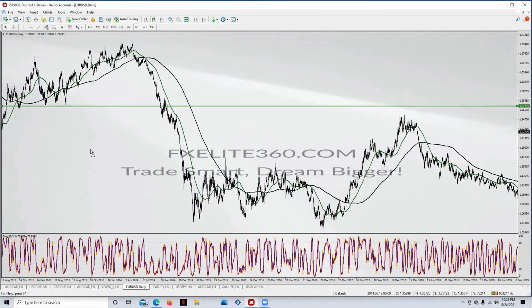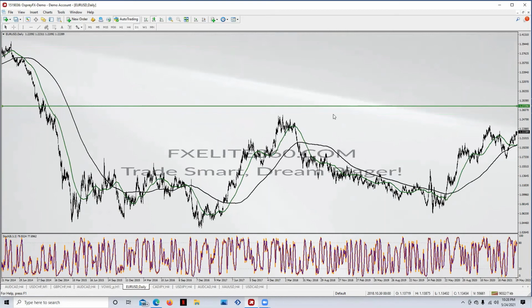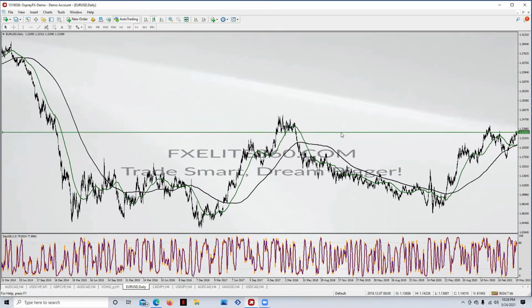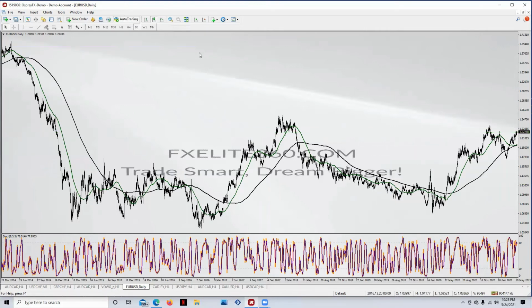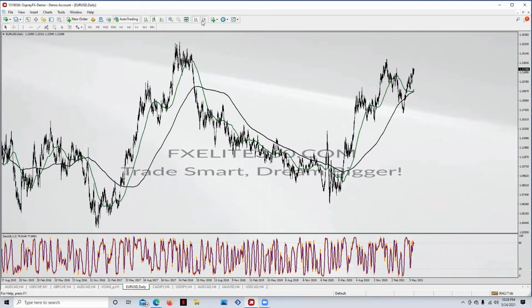And of course, there wasn't really, but the bottom of this was a support right here that was broken a long time ago. So you have to zoom out. You want to look at all of the time frames. They tell you everything you need to know.